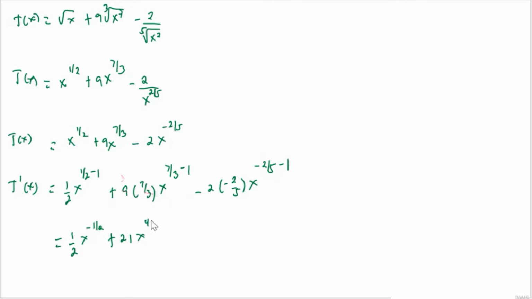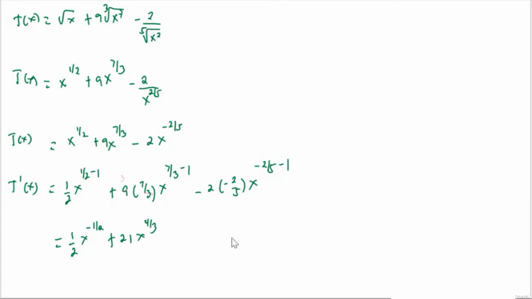Why does it become 4 over 3? Because of 7 over 3 minus 1. The negative 1 there, I can change in terms of 3 over 3. So 7 minus 3 is 4, copy the denominator 3. That is why you have 4 over 3.